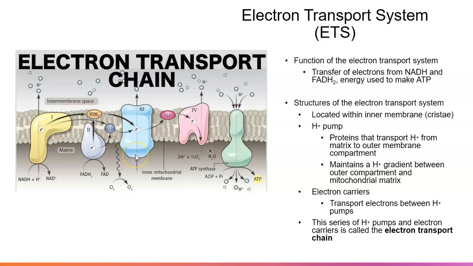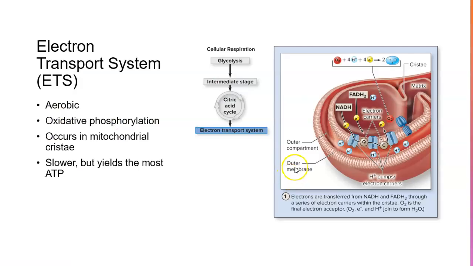Now, this is going to create a gradient between the outer part of the mitochondrial membrane and the inner part. Electron carriers, which are part of this pathway as well, transport electrons between the hydrogen pumps. So this series of pumps and electrons is the electron transport system.